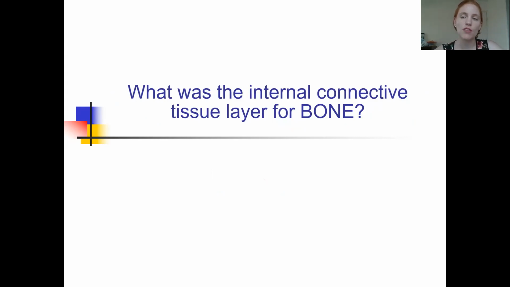What was the name of that connective tissue layer that surrounded the medullary layer inside the cavity? That was the endosteum. Endosteum. Okay, so endosteum, inside osteum, bone. What about around the outside of the whole bone?